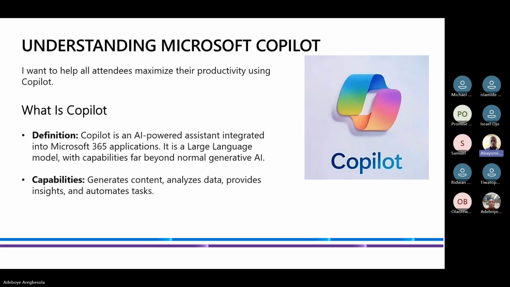I can prompt an AI like this Microsoft Copilot on a certain thing and it can give me a certain response, while you prompt it and it gives you another response. It all boils down to how you prompt it, how you prompt it well.